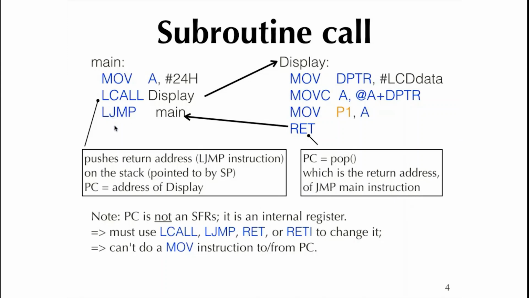So now PC itself is not a special function register, so you're not supposed to say move PC, comma, something. Well, you do that by doing a jump, right? Or a call. Lcall has a side effect. Also return is one that modifies PC, but otherwise you can't just do a direct move into PC.